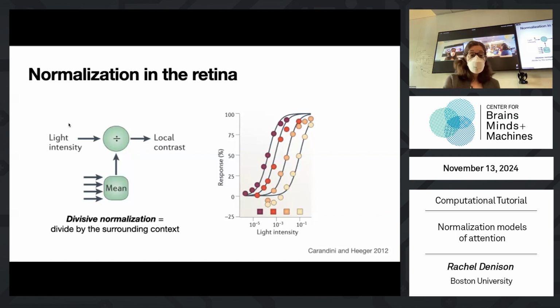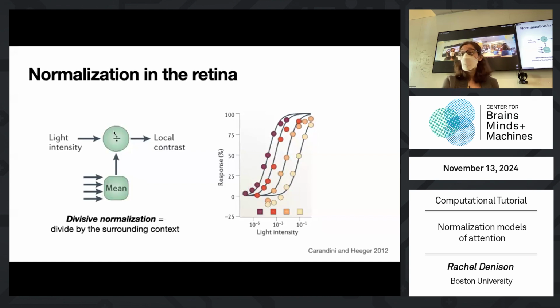And the way we do this is very simple. We just say, okay, there's some light intensity coming in at a given location. And what we want to do is just divide by the mean light intensity at some surrounding, broader location, right? So in the image before, we could be so simple about this and just divide by the mean over the whole image, or you could divide by the mean over some more local region.